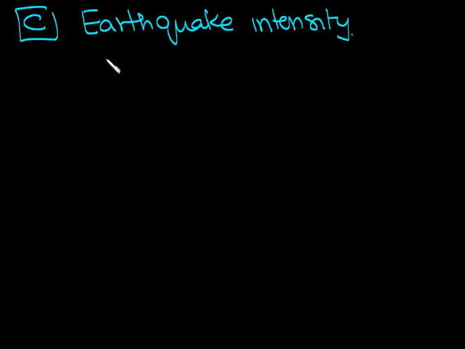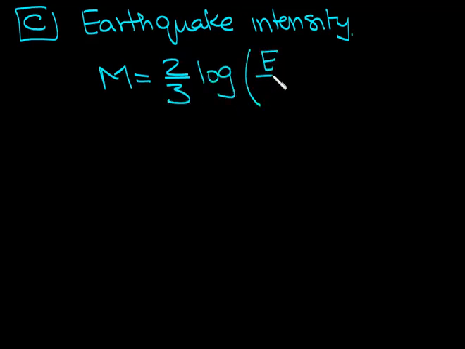We have M is equal to 2/3 log of E divided by E naught. Okay, so in this case the formula is given by this. M is equal to the log of E divided by E naught.